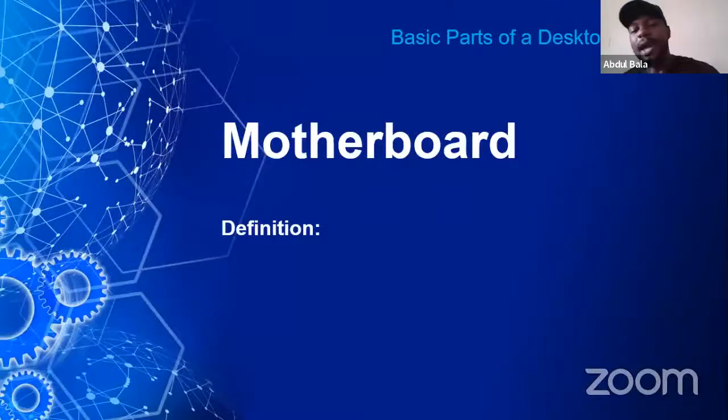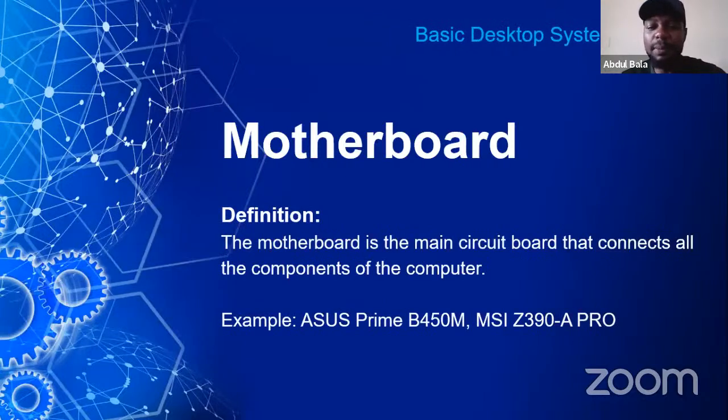So now the motherboard was what we looked at initially. The motherboard is the main circuit board that connects all the components of the computer. An example of a motherboard is the Asus Prime B. All the components are seated upon it.